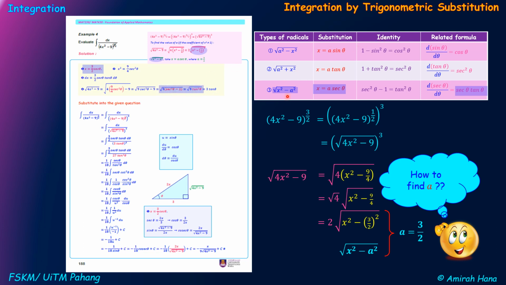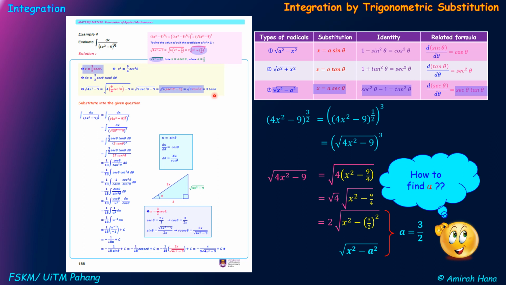Okay, yang ini kita akan dapat sec squared theta minus 1 equals to tangent squared theta. Dapat daripada sini. Okay, from identity. And after that, we can simplify square root of 9 equals to 3. And square root of tangent squared theta equals to tangent theta.